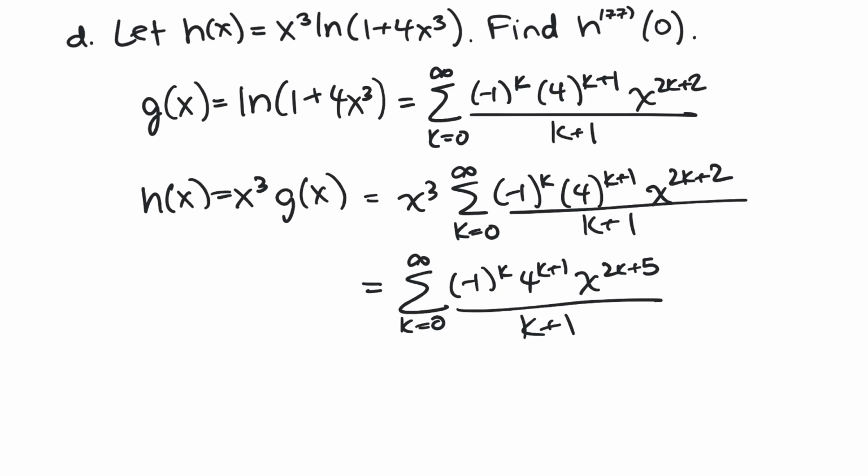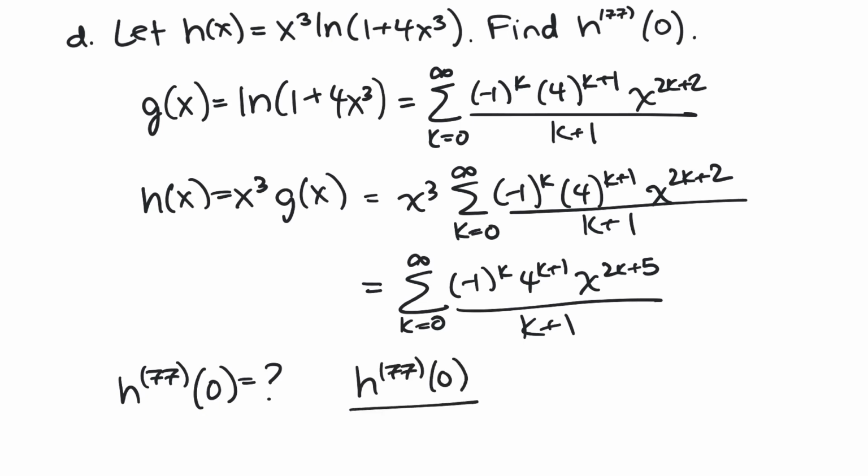And now, how are we going to find the 77th derivative of h at 0? Well, we know that the 77th derivative of h at 0 divided by 77 factorial is equal to the coefficient of x to the 77th in the Taylor series above.